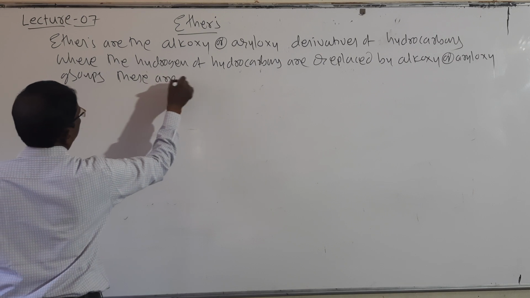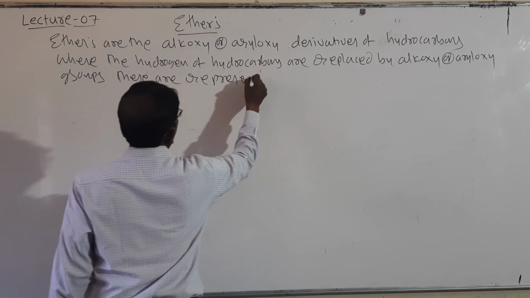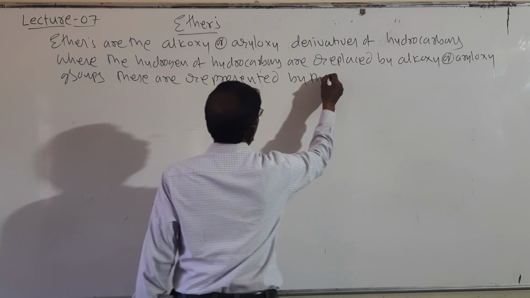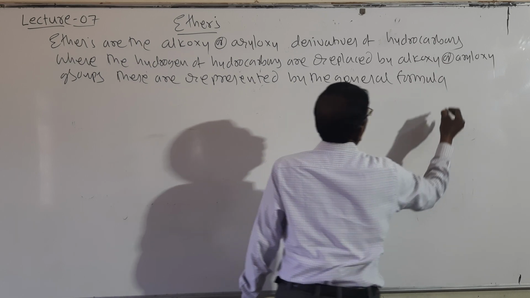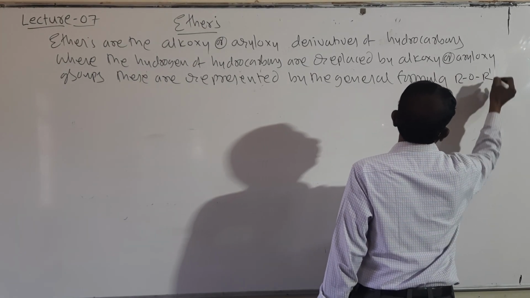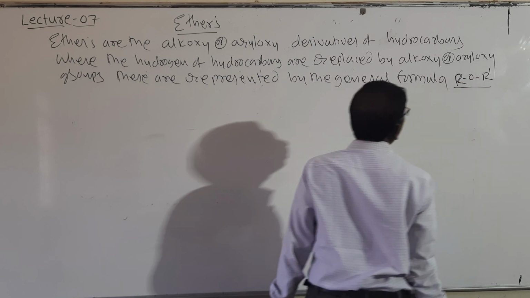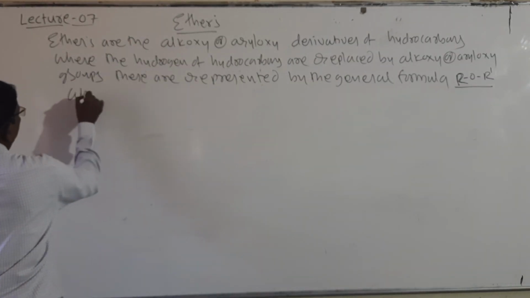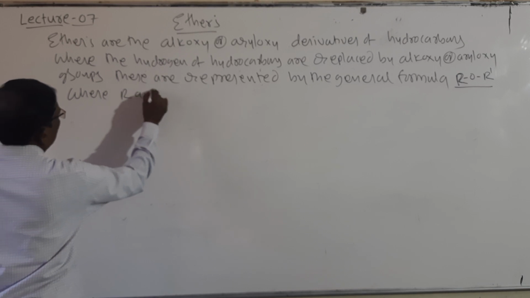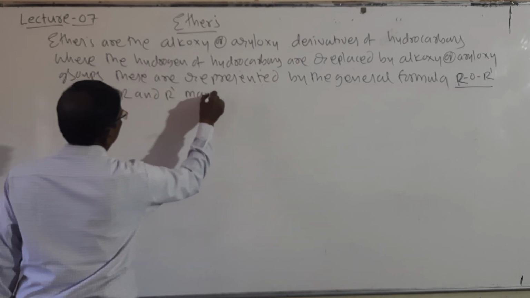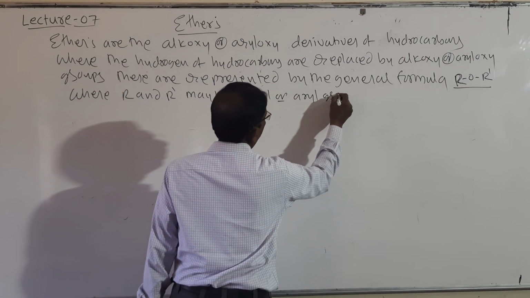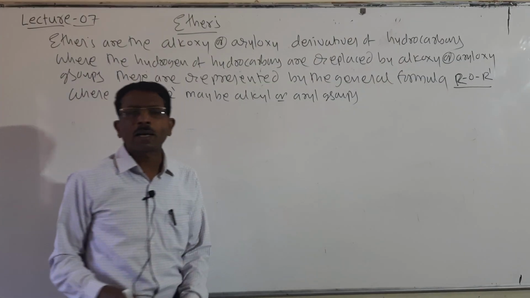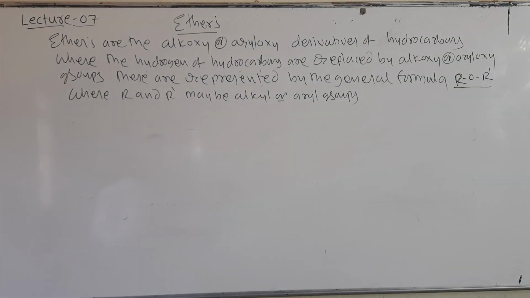These are represented by the general formula ROR dash, where R and R dash may be alkyl or aryl groups. So these are called as ethers, students.